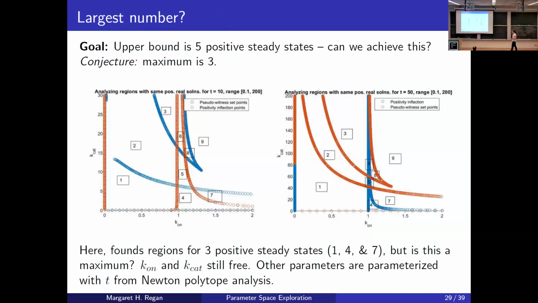Showed that the upper bound is 5, but the conjecture is that there's really only 3. So there's really only 3 positive real steady states. And so could we find 5, or could we prove that there are only this maximum of 3?